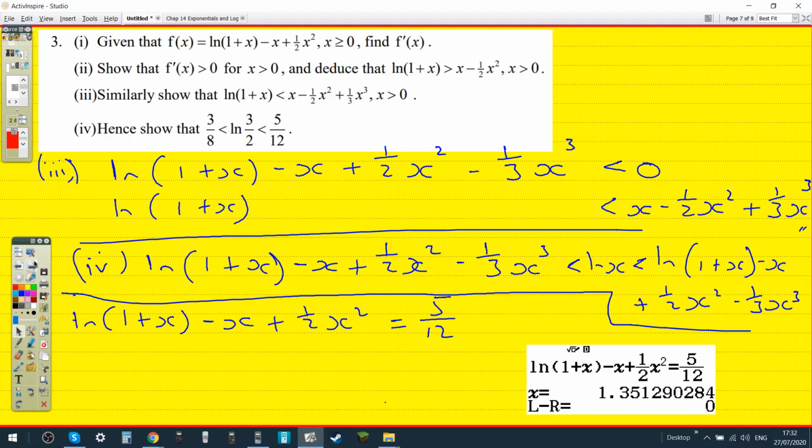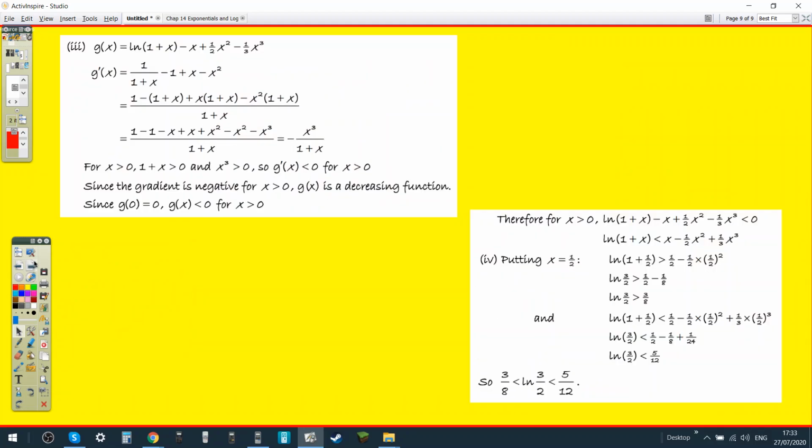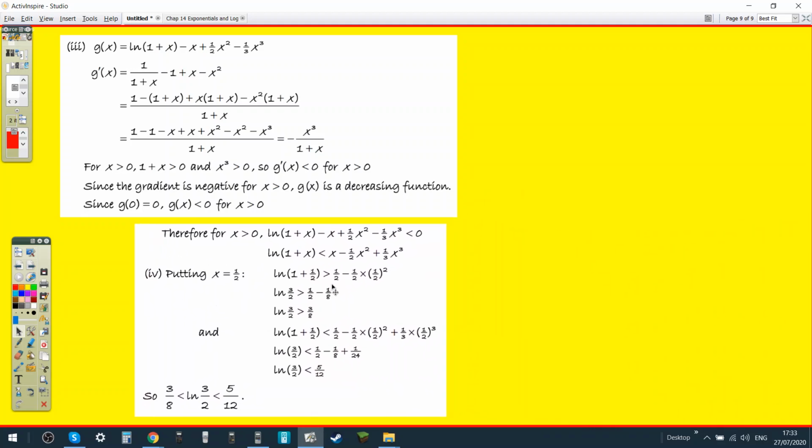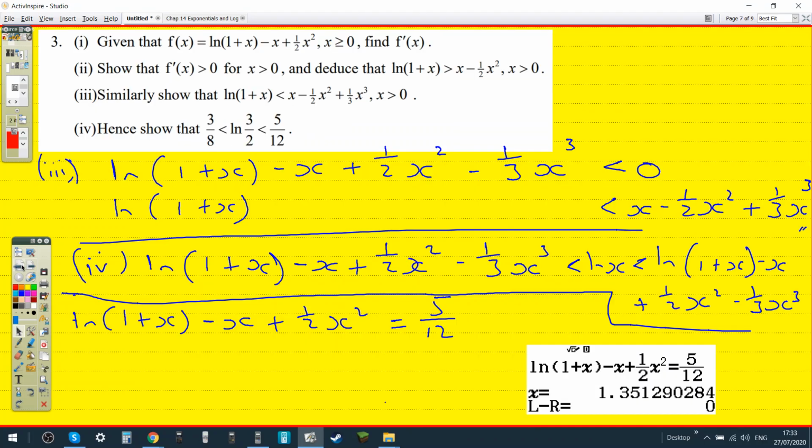I don't know. Putting x equals a half in. You sub in. Hang on. Oh, it's because ln 1 plus half, it has to be 3/2. Okay, got it. Because the middle one is ln 3/2.